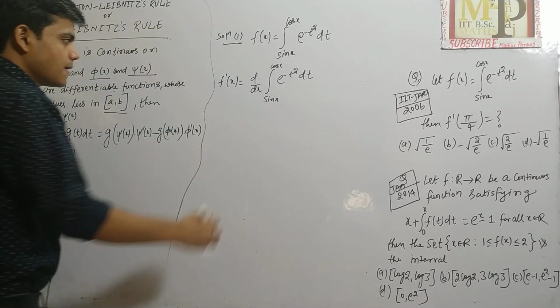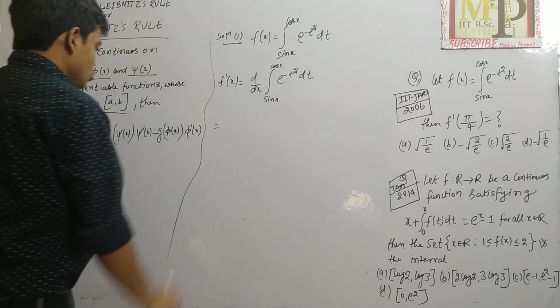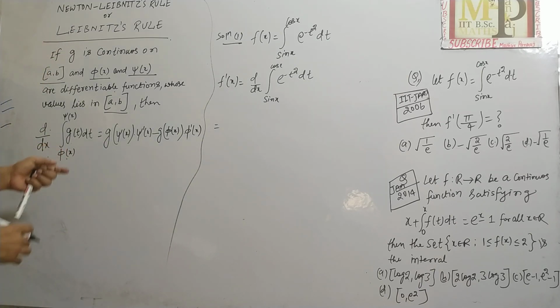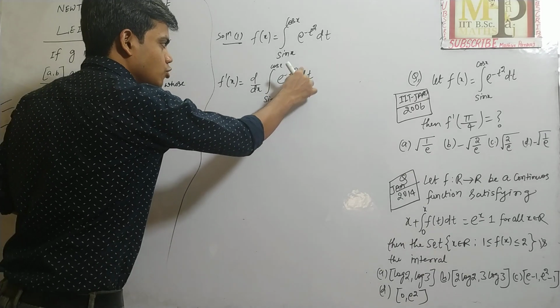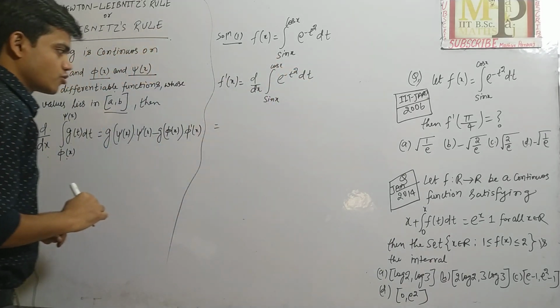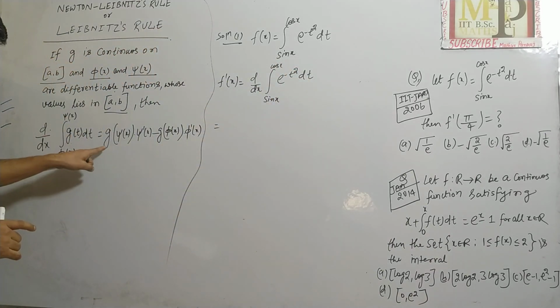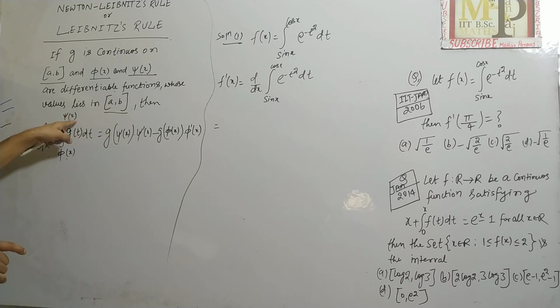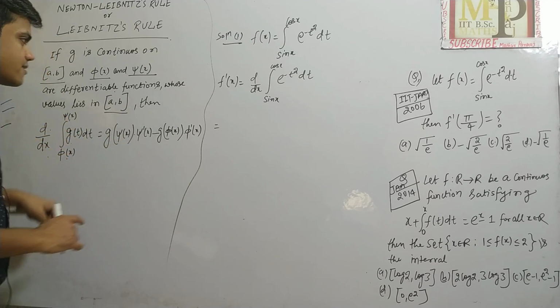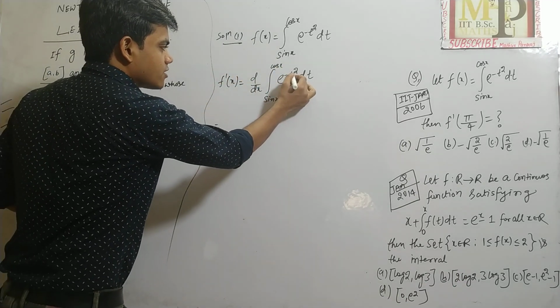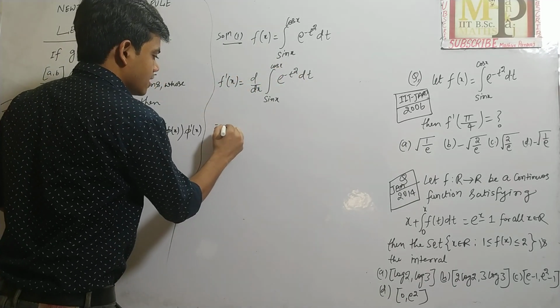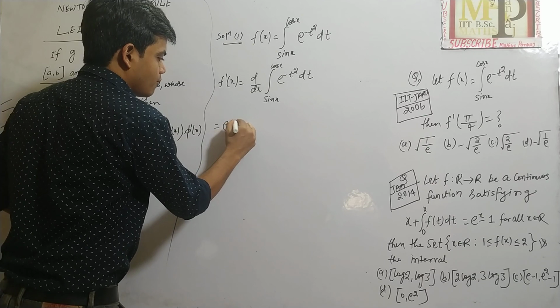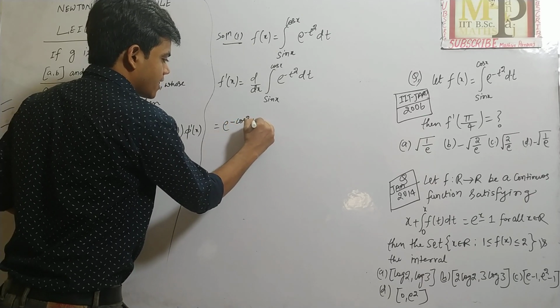All right, now you can see the same thing here, g of t. In place of g of t you have e to the power minus t square. What the rule says: g of psi x, in place of t you need to put psi x. So in place of t we put cos x, so it becomes e to the power minus cos square x.